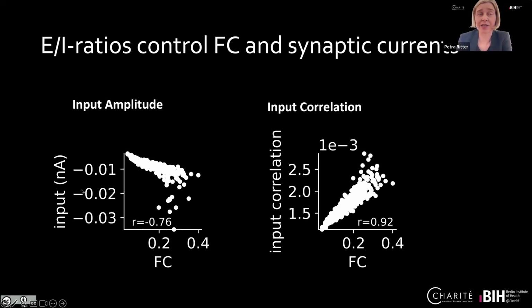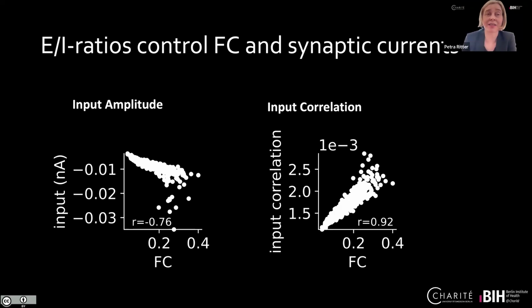Yeah, the currents cannot be measured in the human brain, but the currents that drive a node in a model can be, of course, quantified. And this was one of the advantages, that we have now encapsulated all the information in a mathematical model where this input current could be determined.